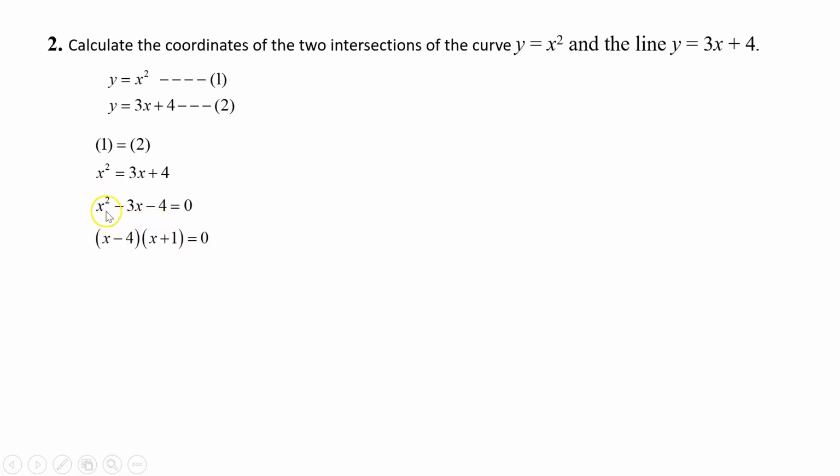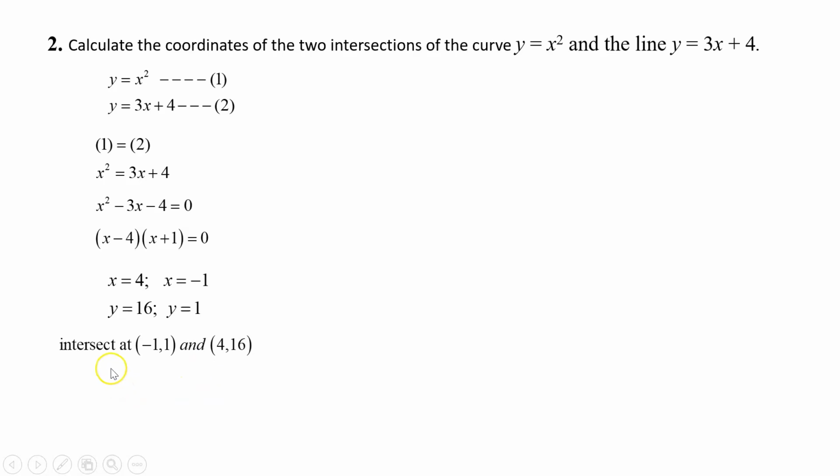That factorizes to x minus 4 and x plus 1, giving me minus 3x in the middle. Therefore, x is equal to 4 or x is equal to minus 1. Y is equal to 16 or y is equal to 1.